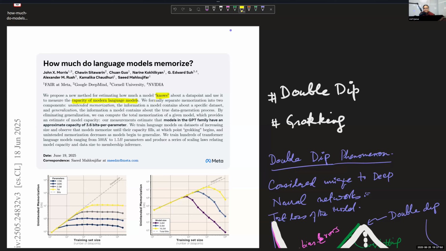We formally separate memorization into two components: unintended memorization, the information a model contains about a specific data set, and generalization, the information a model contains about the true generation process. So one way to say it is that, and again, this is a little mathy, suppose you have data X. Data X will inherently have a probability distribution, right?